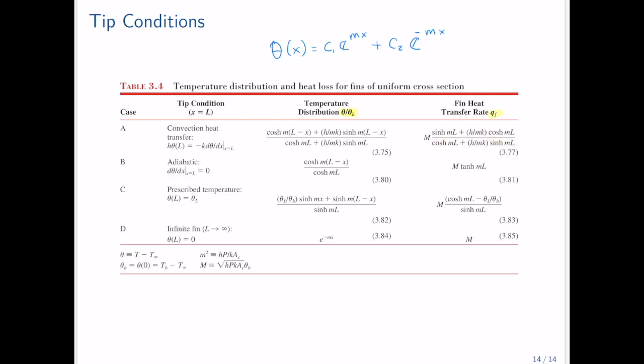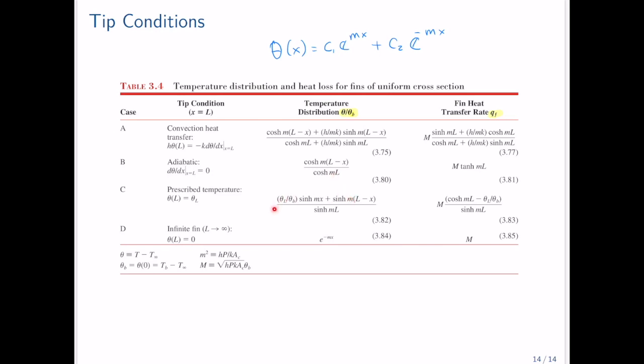So this is the more realistic boundary condition, but it gives the more complex equation. The second one is the adiabatic. Remember, the adiabatic is when we consider that the fin is very thin. So the temperature distribution, theta divided by theta b, is just the hyperbolic cosine of m multiplied by L minus x divided by the hyperbolic cosine of m multiplied by L.